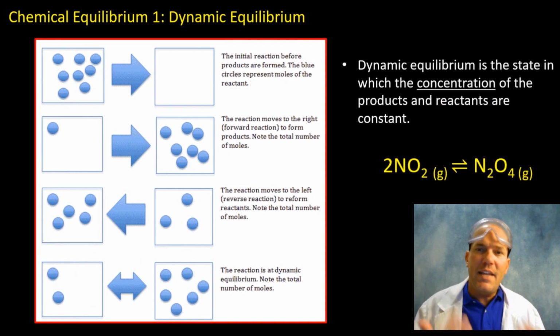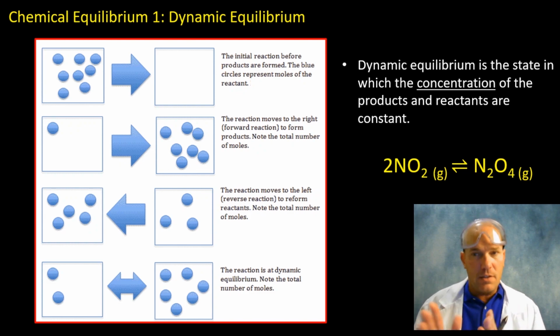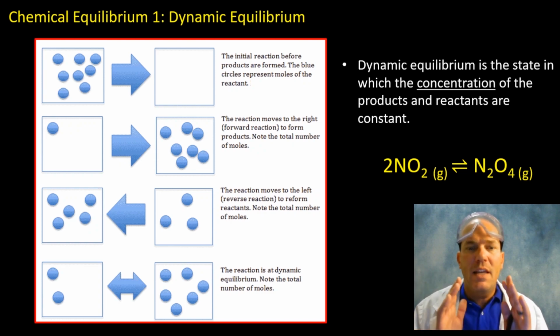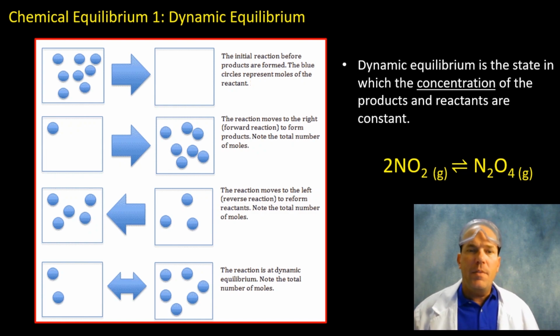And in dynamic equilibrium, we reach the state in which the concentration, which is underlined, this is critical, the concentration of the products and the reactants remains constant. In our schematic, our constant concentration is going to be 2 moles of the reactants and 6 moles of the products. That is in dynamic equilibrium.